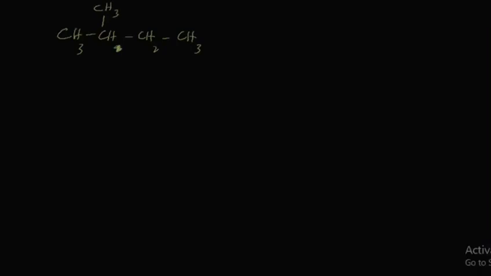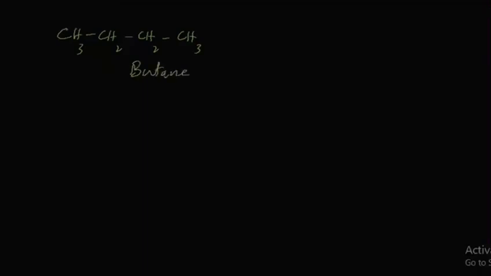If you want to add 2 branches, then remove this hydrogen and add another CH3 group. This is the way that you can add different branches in the alkane. This is butane.